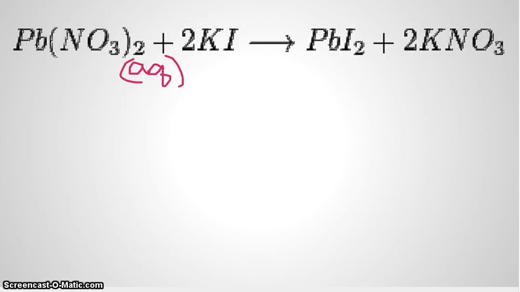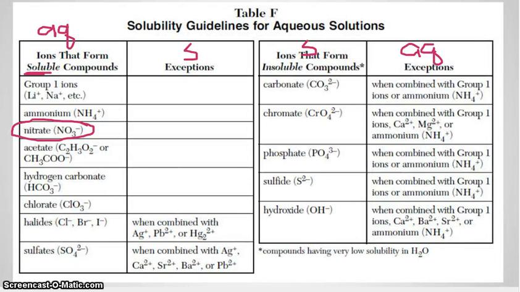KI. If we were to name this, remember these are all ionic compounds, so you don't have to worry about your prefixes, you just have to name your ions. This is potassium iodide. So we're going to look up iodide in the table. Let's go back to table F and look for iodide. Let's start over here on the left.